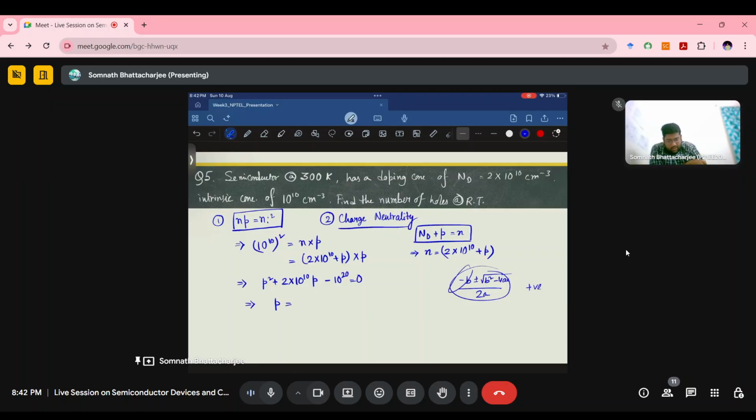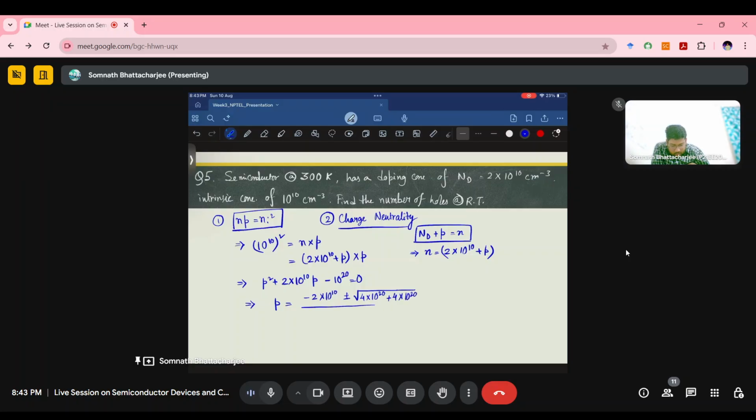Maybe I should solve this. So the value of this would be 2 into 10 to the power of 10 plus minus root over of 4 into 10 to the power of 20 plus again 10 to the power 20.